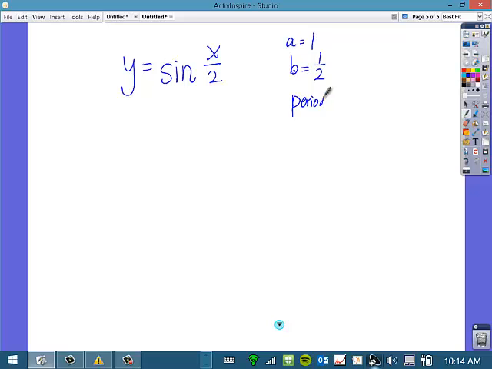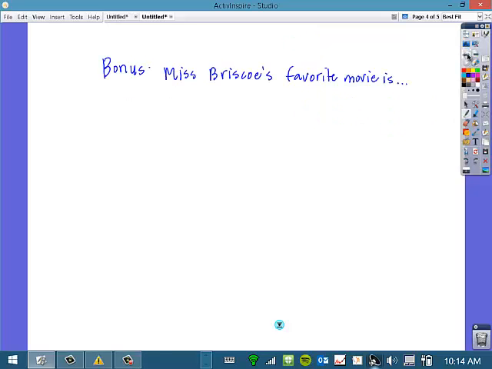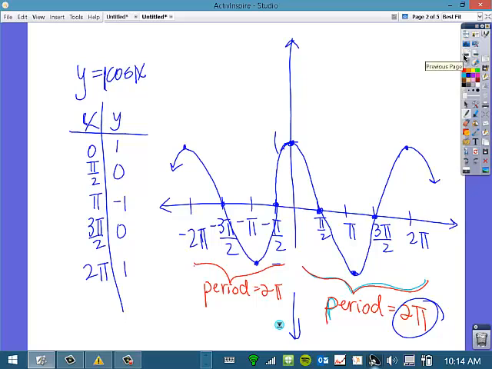Our period is 2 pi over b, so 2 pi over 1/2, which when you divide by a fraction, you flip it and multiply, so that becomes 4 pi. So our period is now 4 pi. So notice back on our parent function, our period was 2 pi, and we had to split 2 pi into 4 congruent pieces.